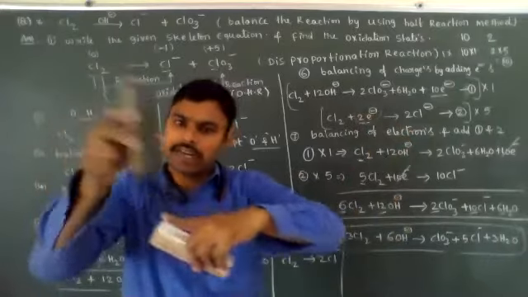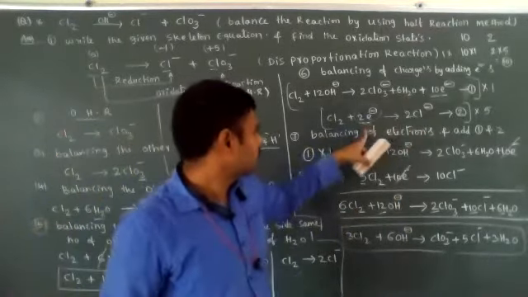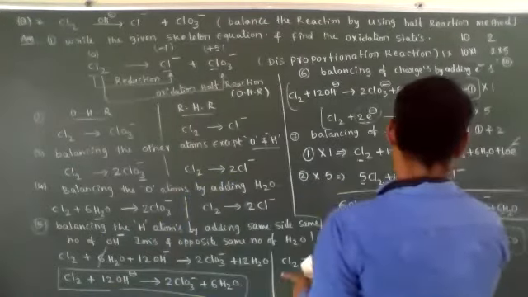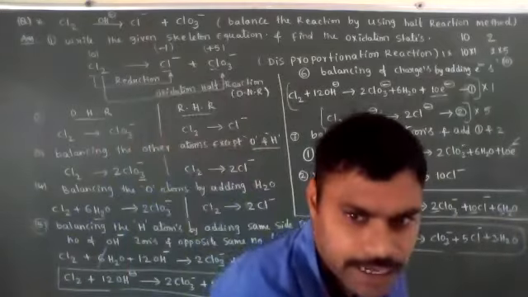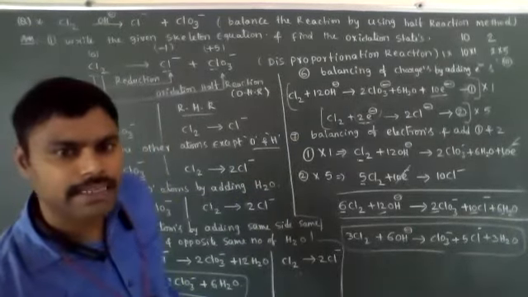And the total equation I multiplied with 1, so 10 is present. Then the electrons on this side, 10, and on the opposite side, 10, will be cancelled. Then we add the 2 equations, and finally we get the balanced equation.